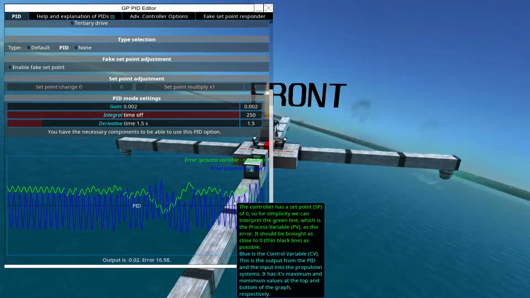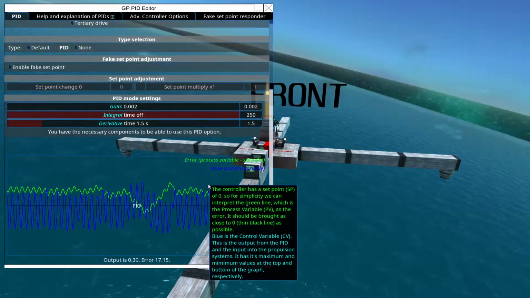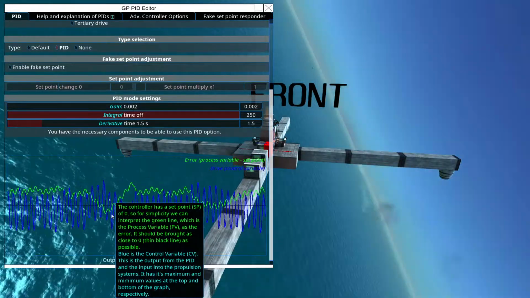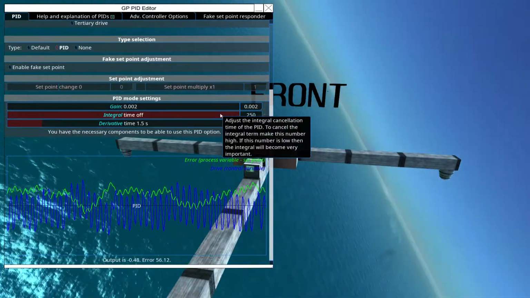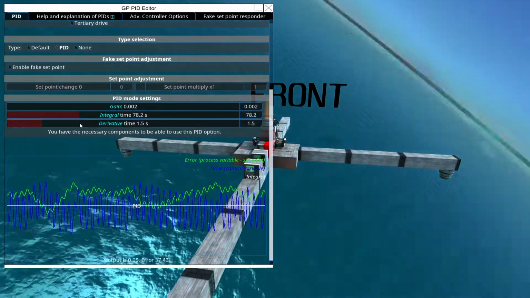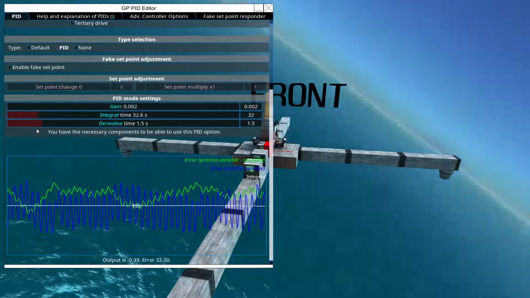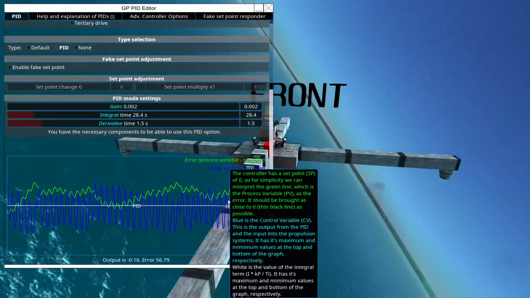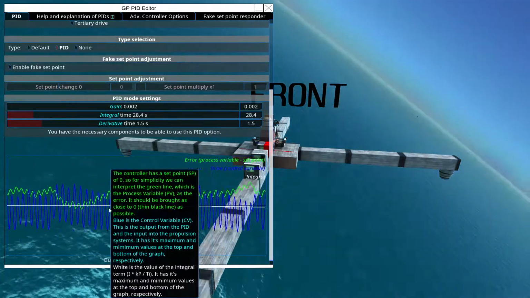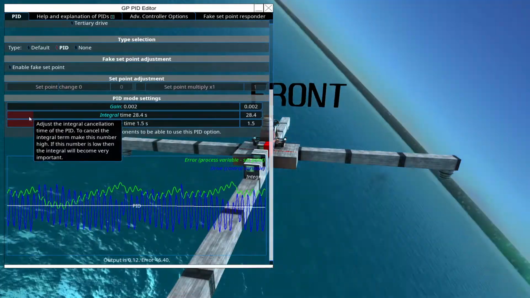Or here, we are rotated left. This is why the green curve is always on the upper part of this middle line right here. If we decrease the integral drastically, this will change, because the integral basically fixes the situation where the error is on one side of this white line.